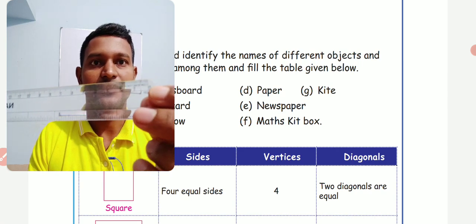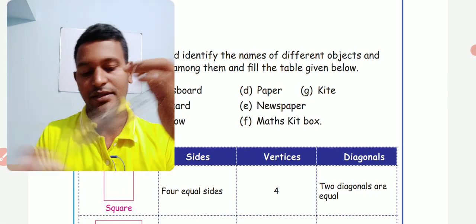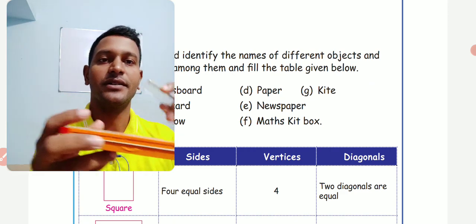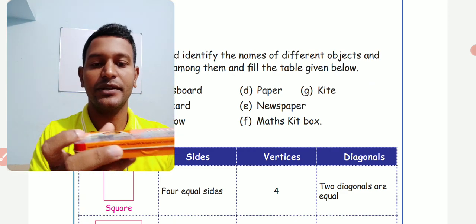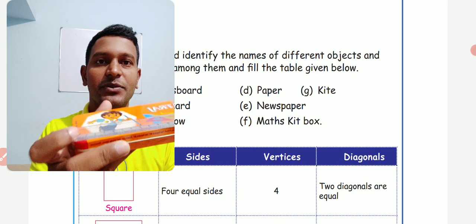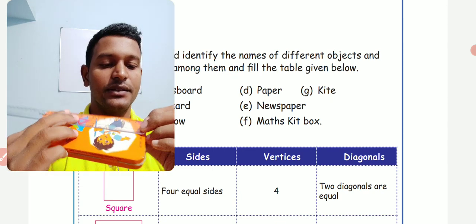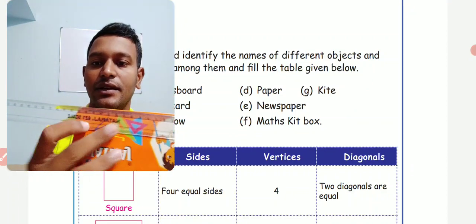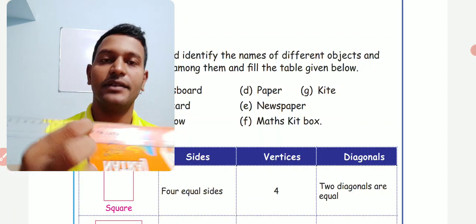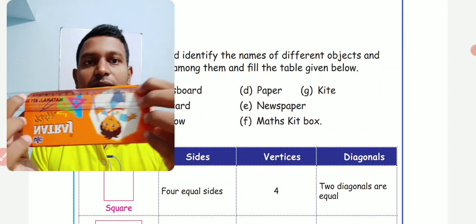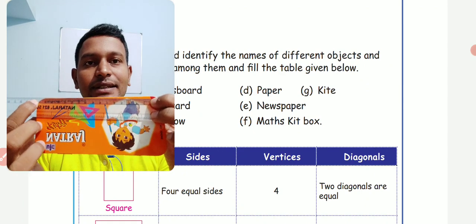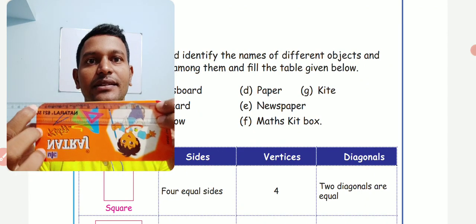I am placing the scale on the geometry box. You see here, 0 point is there, and the ending point is 17. So the geometry box length is 17 centimeters.